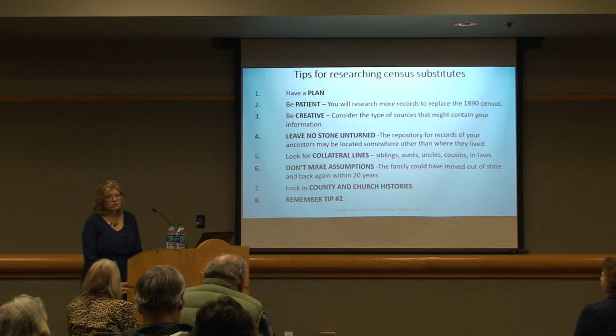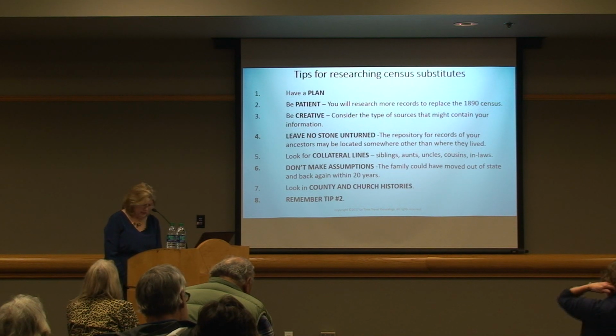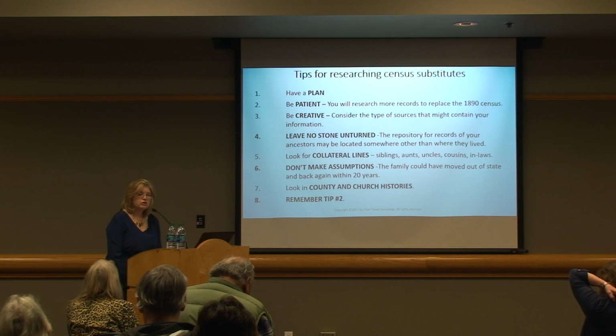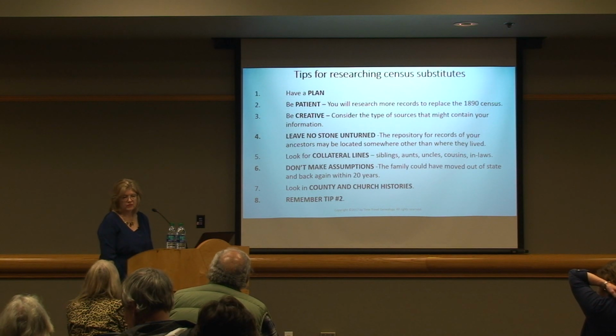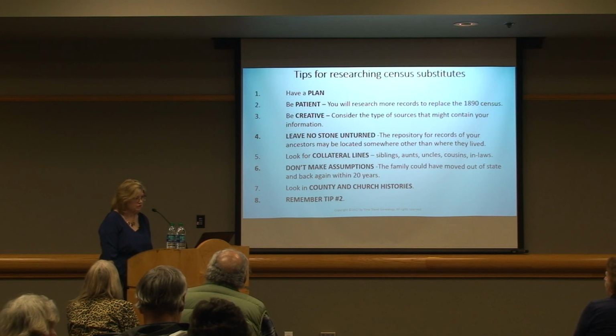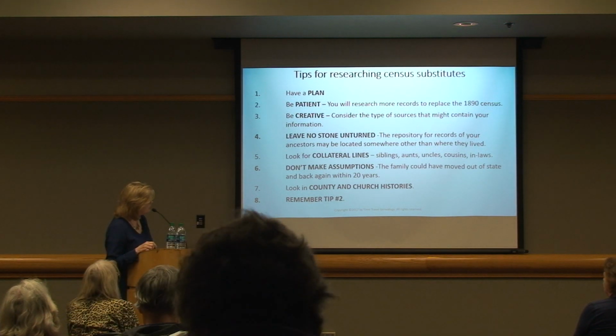The actual Searcy County, Arkansas personal property tax for 1890 is not in Arkansas. It's in the Sutro Library in San Francisco. So some of these records may not be where your ancestor lived. So you have to be open to the possibility that they are other places. So leave no stone unturned.